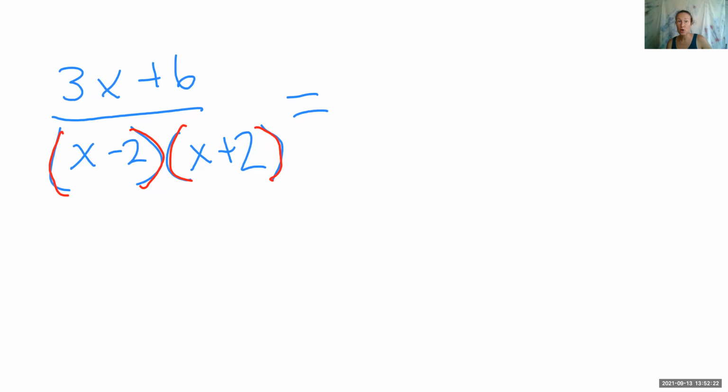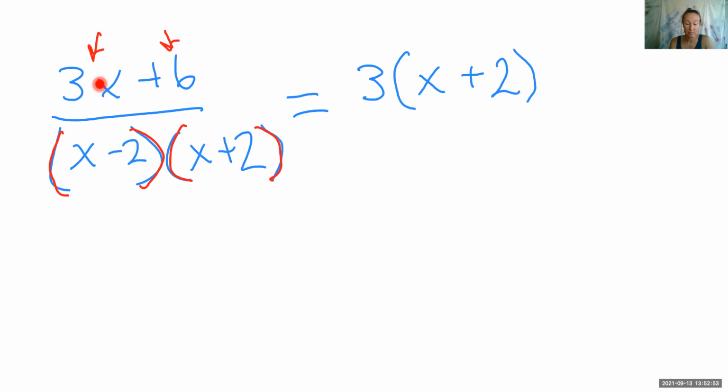To factor that numerator, we have to look at our two separate terms, which is our 3x is one of those terms, and our 6 is another one of those terms, and ask ourselves, do they have any common factors? And indeed they do. They have a multiple of 3. So we can pull out that multiple of 3 from the 3x, and we can pull out that multiple of 3 from the 6. Okay, right, because this 3x is 3 times x, and this 6 is 3 times 2. So a factor of 3 out of both of them.